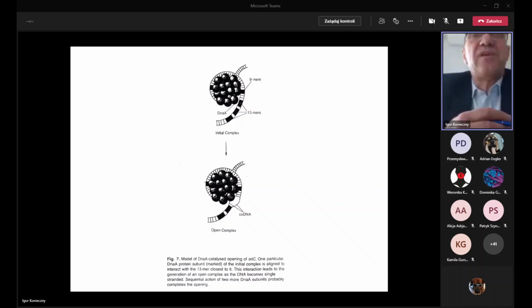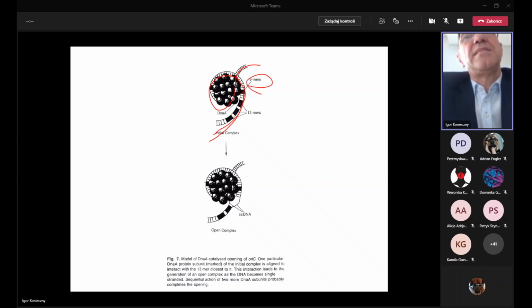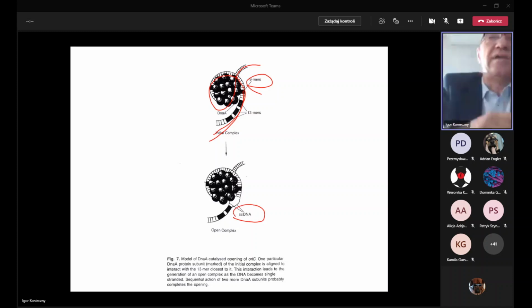Well, at that time we had bubbles, and some kind of structure wrapped around the DNA sequence with 9-mers, the consensus sequence interaction site for the DnaA protein, and single-stranded DNA created by the interaction of the DnaA protein with DNA, the so-called open complex, and the initial complex.